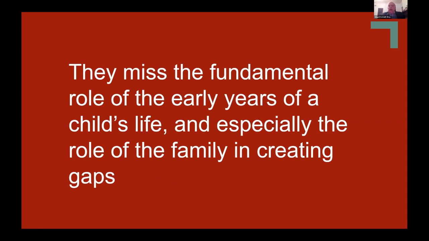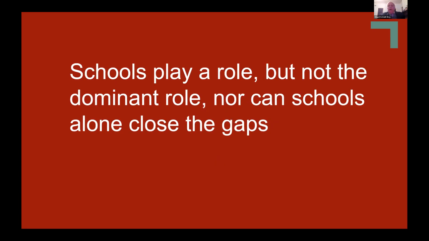This strategy misses the fundamental role of the early years in a child's life, and especially the role of the family in creating gaps. Schools play a role, but not the dominant role, nor can schools alone close the gap.